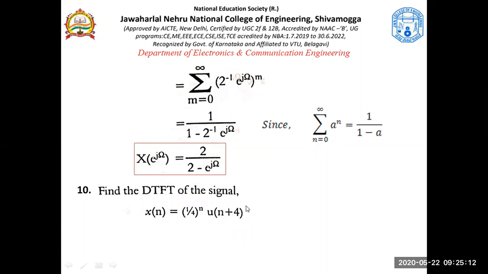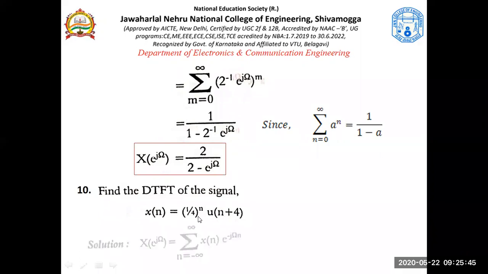It is u of n shifted to the left. u of n starts at 0, so u of n plus 4 would start at n equal to minus 4. So the range of u of n plus 4 is minus 4 to infinity. That is something that one needs to understand, otherwise you will not be able to solve the problem.